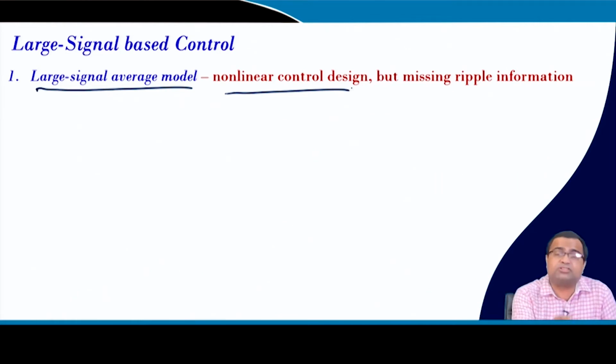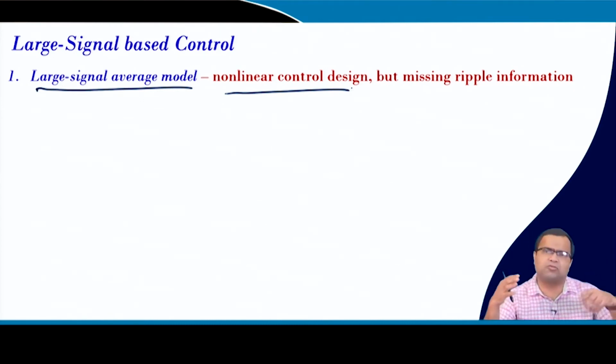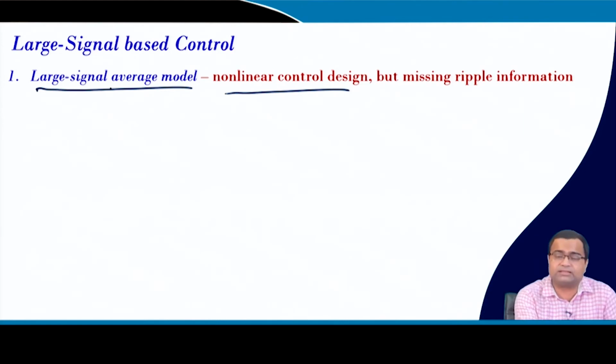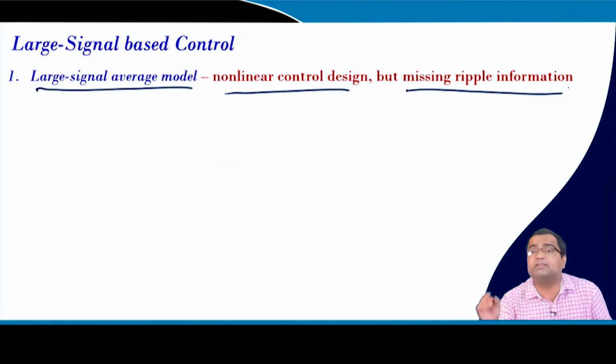But if we use a large signal average model and use the Lyapunov stability, we can increase the bandwidth even further, because there is no bandwidth concept. So, we can further improve the performance, and it can go very close to time optimal, but not exactly, because there is a limit on the duty ratio, and it still misses the ripple information.